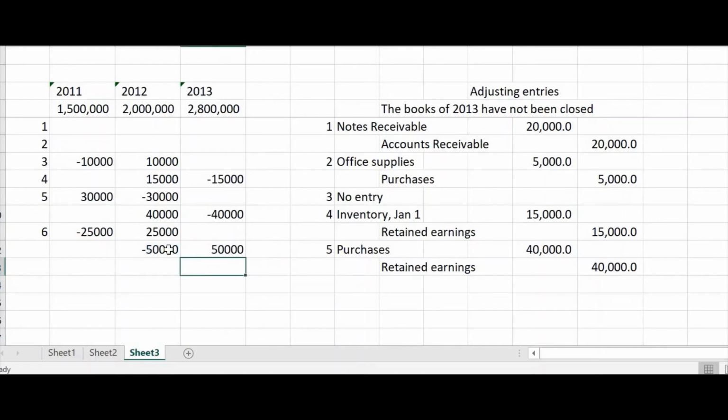Now, since open naman yung 2013, pwede mo i-adjust yung error sa 2012. Since overstated yung net income, you'll debit retained earnings and you've recognized the sales, kasi the sales should be in 2013. So, yan yung entry mo, we have 50,000.